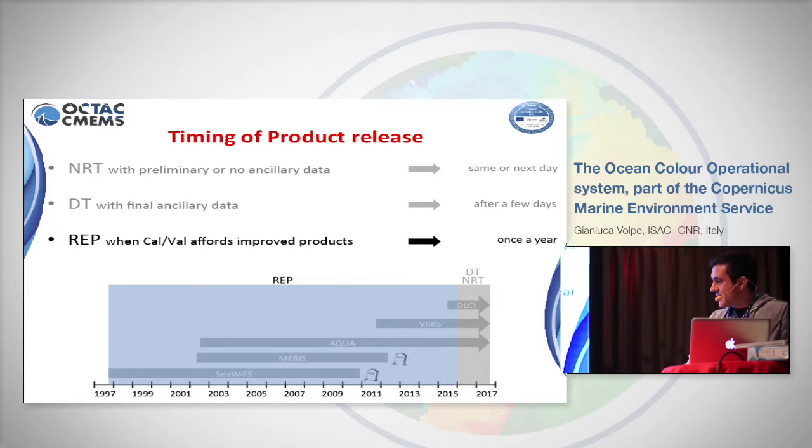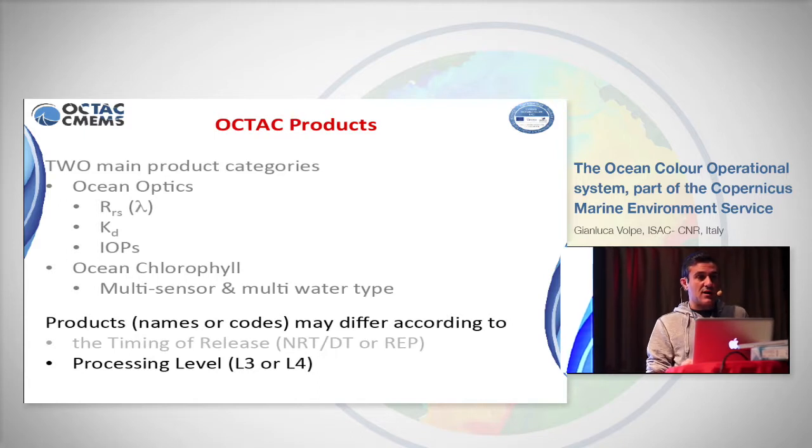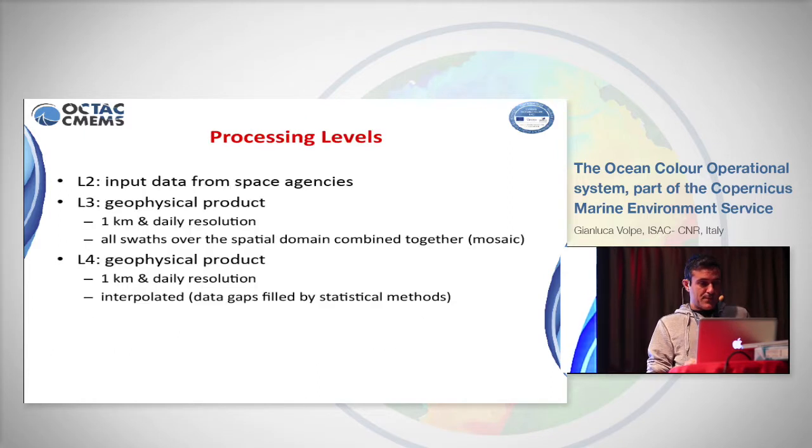Here you can see the satellite constellation we deal with, which is SeaWiFS and MERIS, both passed away, Aqua, still alive, VIIRS and recently OLCI. We can distinguish also the processing level among products.